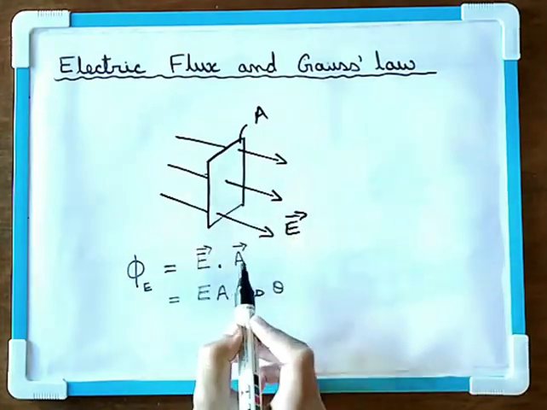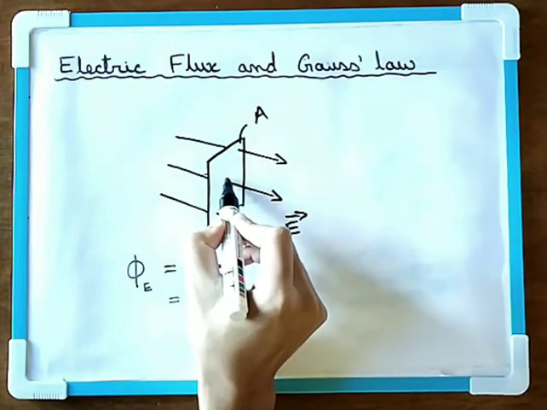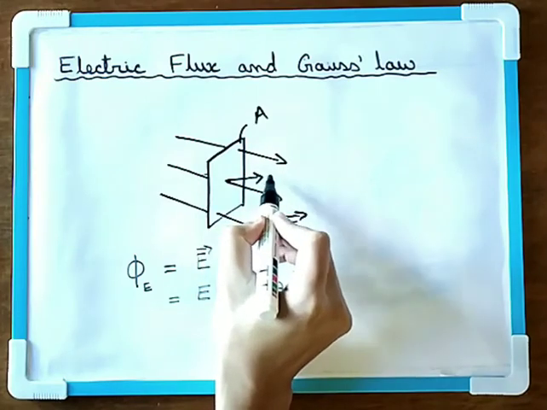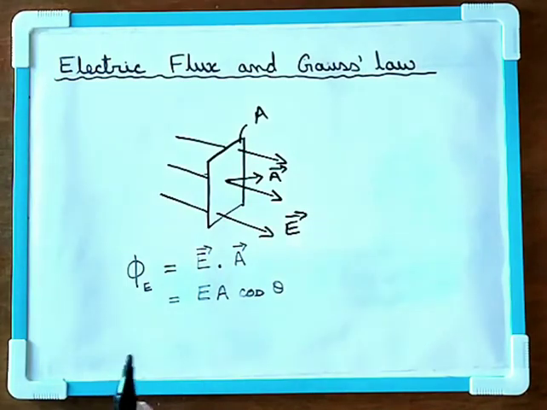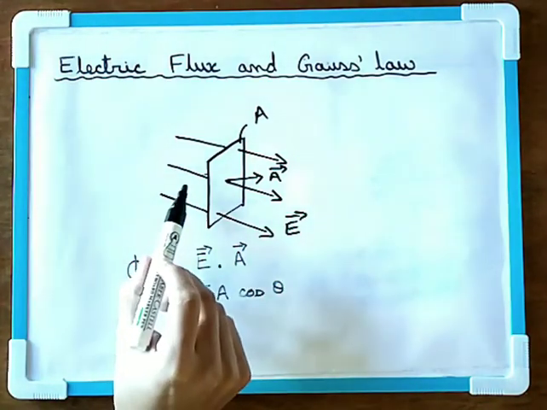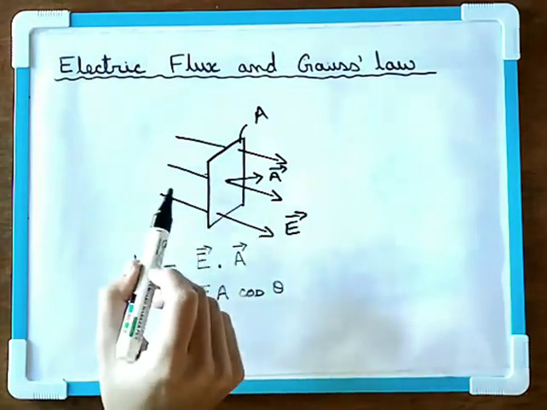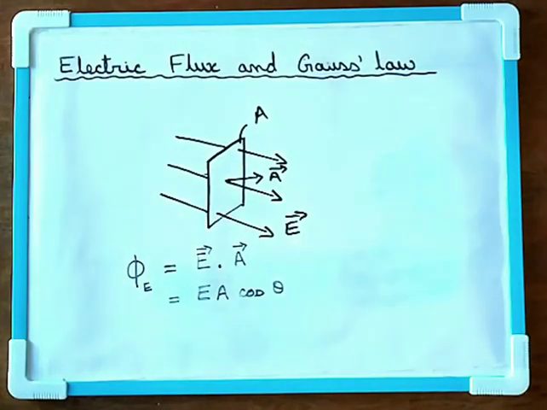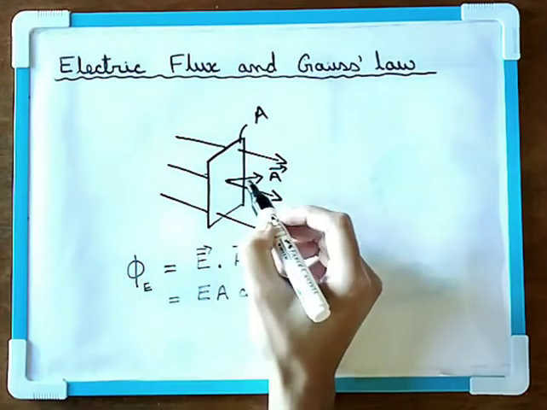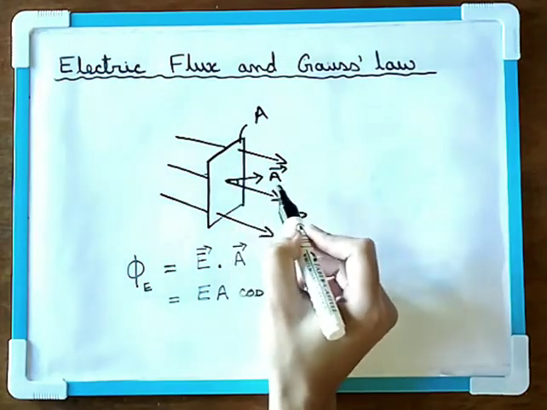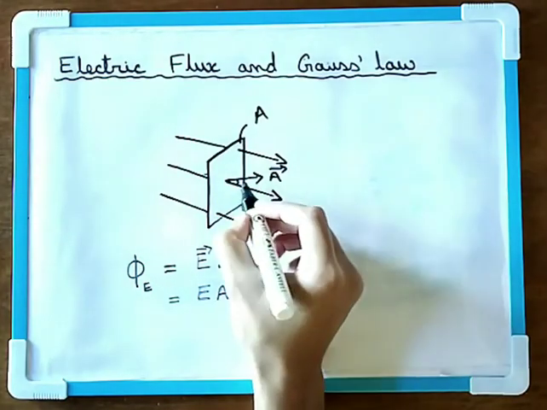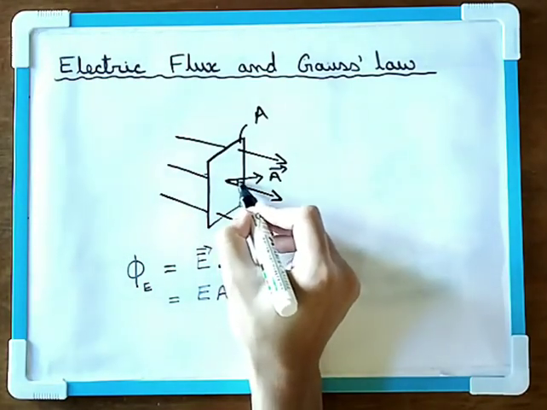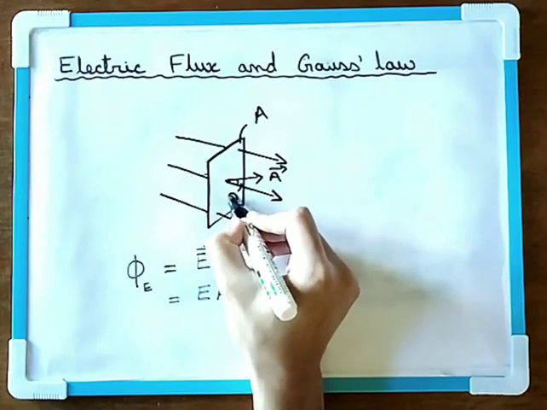Remember this one, A vector, this is always normal to the area. This is your A vector, and as you can see here, the electric field line is not crossing the area normally. In this case, you can see the E vector is making an angle with this A vector, and that angle is given by this one, theta. So this angle here is your theta.